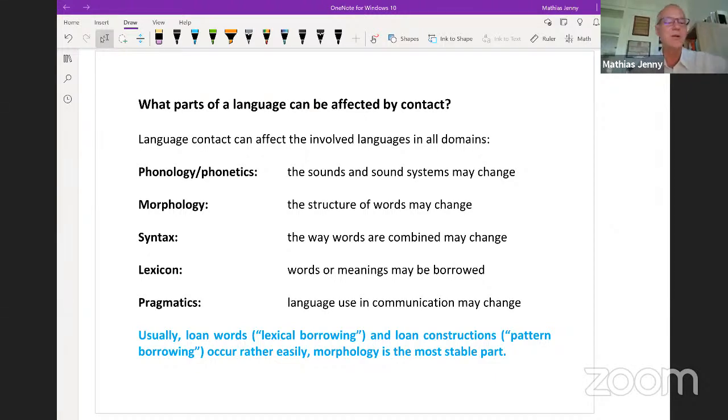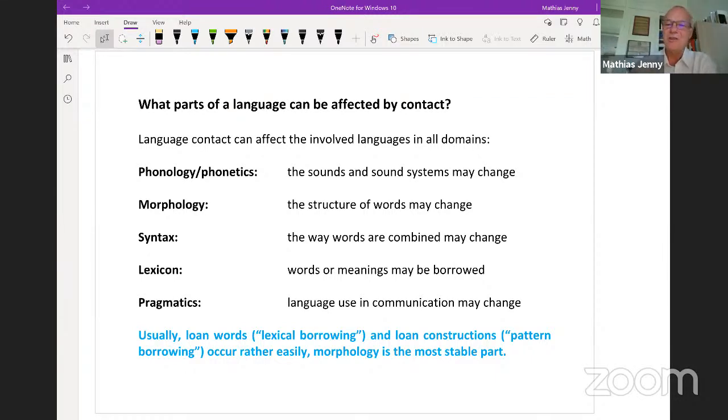And it has been shown over the last decades that any domain of the language, any part of the language, can be affected by language contact. So the phonetics, phonology, the sound system of a language can change because of language contact. The structure of words, the morphology, may change. Then the way you put your words together into a sentence, the syntax, may change because of language contact.